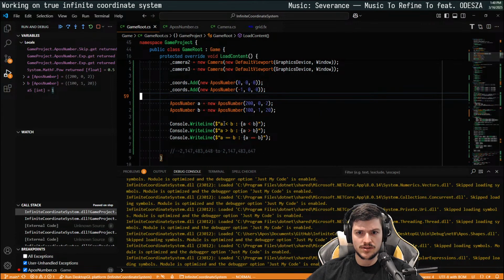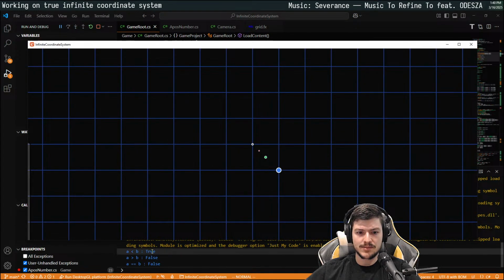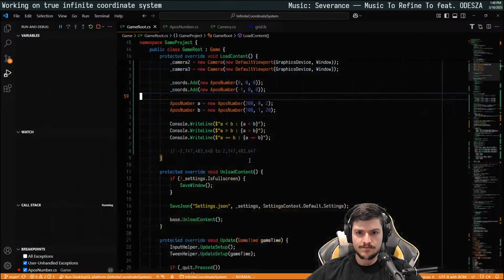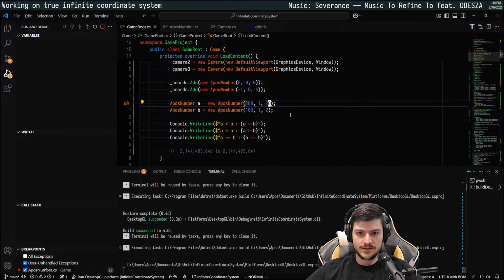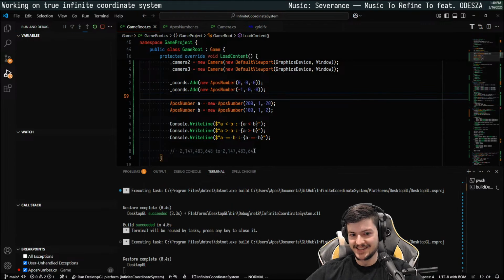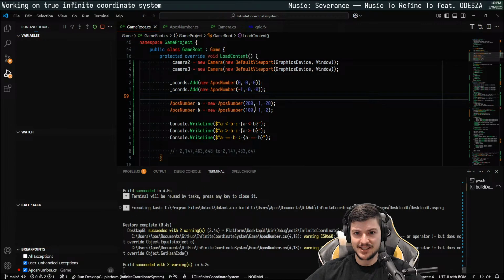This was true? Because A is smaller, so maybe it was all fine. A is smaller. True. If it's the other way... Never mind, so it was just showing the right result because A was smaller.